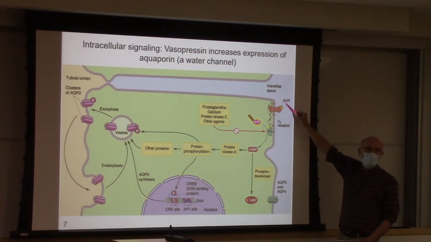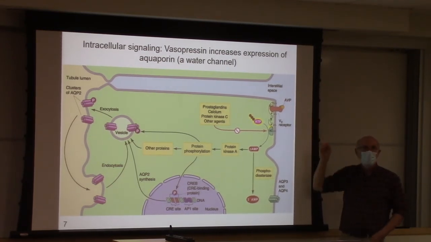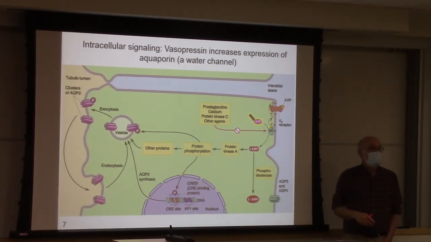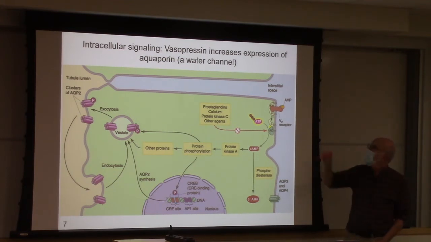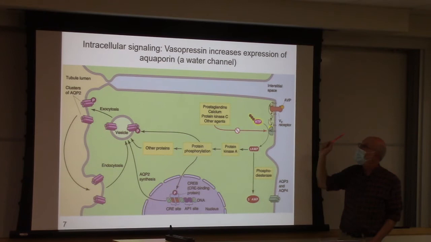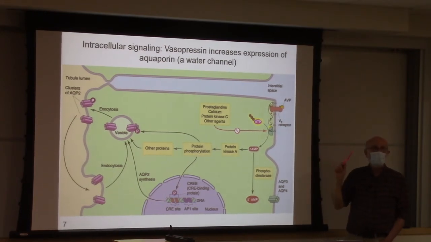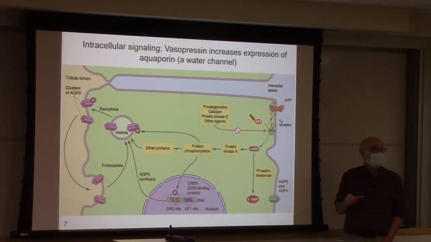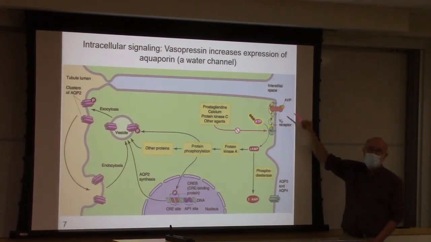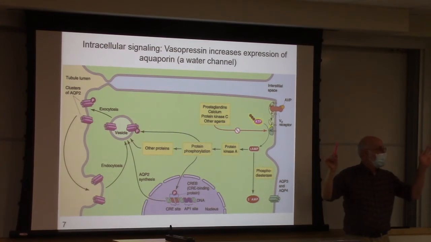Here's vasopressin, the hormone. It was released from the posterior pituitary. It goes everywhere in the body, that's what hormones do. And these cells, the collecting tubule epithelial cells, express a receptor. It's a GPCR coupled to Gs, S as in Sarah. And now you're off and running with the Gs story.